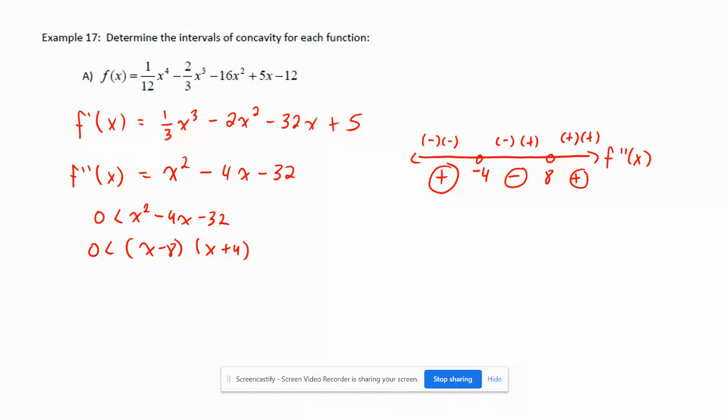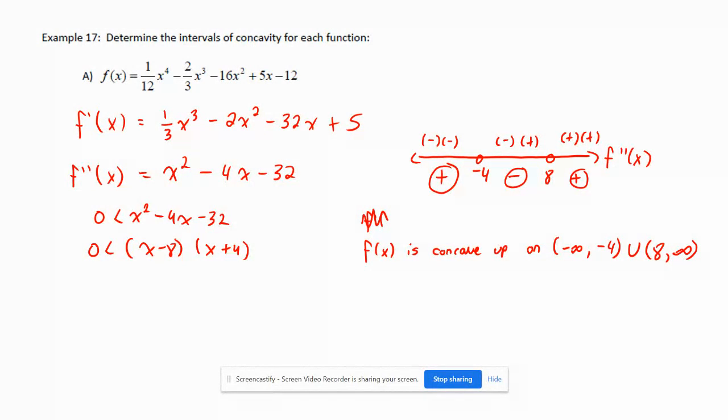So what does this tell us? This tells us that f of x, not f prime of x, f of x is concave up on negative infinity to negative 4, and from 8 to positive infinity.